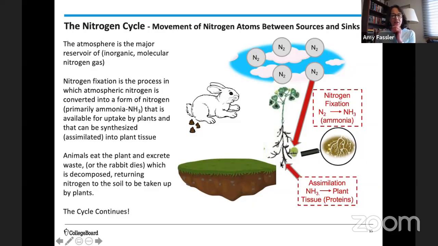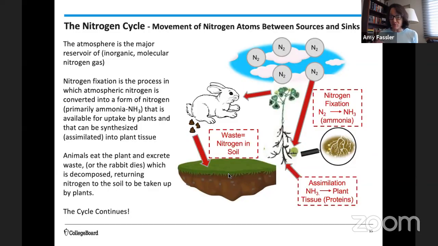So now I've got that assimilated into the plant, and then little bunny foo-foo here is eating that plant, and then the bunny poops, and that nitrogen goes into the soil, and soil microbes, those decomposers in the food chain, break this organic, biotic nitrogen down back into an inorganic form so it can be taken up by a plant, to be eaten by an animal.